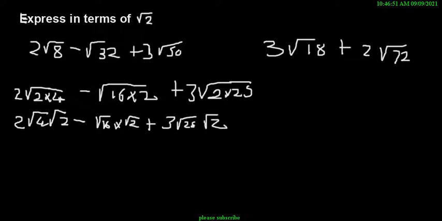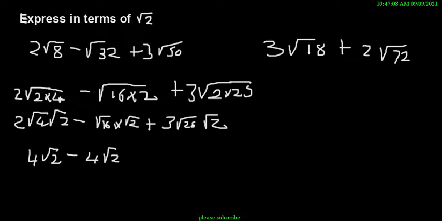Root of 4 is simply 2, and 2 times 2 is 4. So it's going to have 4 root of 2 minus, we know root of 16 is 4, so 4 root of 2.